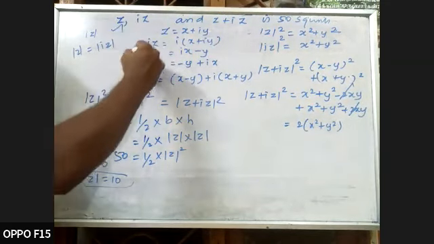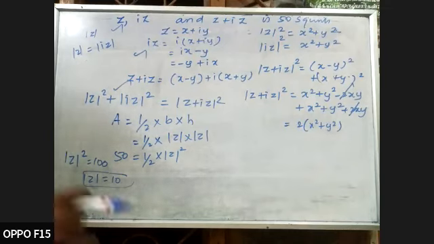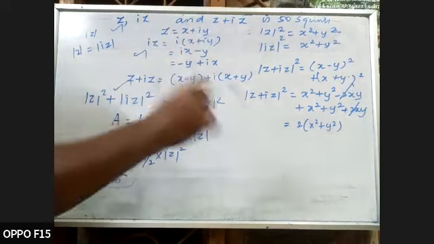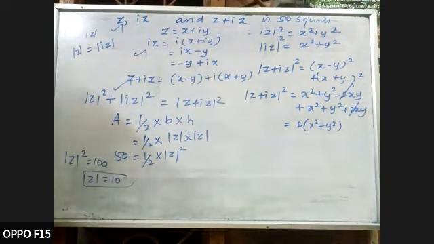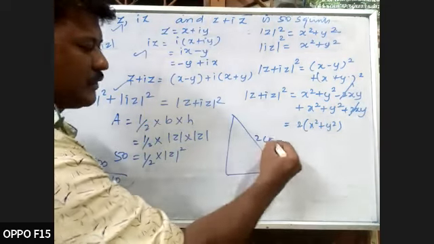To recap: find out what is z, what is iz, what is z plus iz. Modulus of z square equals x square plus y square, modulus of iz square equals x square plus y square, and modulus of z plus iz the whole square equals 2 into x square plus y square. It is a right angle triangle with hypotenuse squared as 2 into x square plus y square.